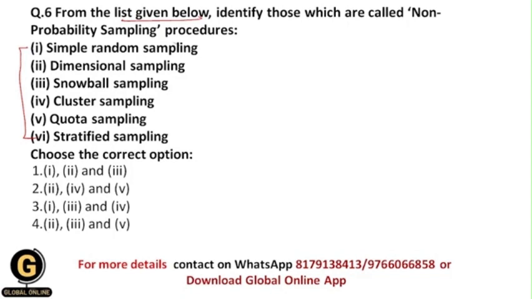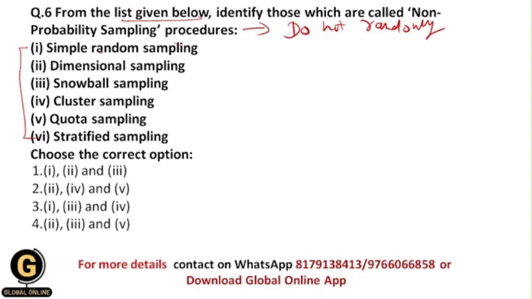In probability sampling procedures, we randomly assign and randomly select the participants. But in non-probability sampling procedures, we do not randomly select the participants.